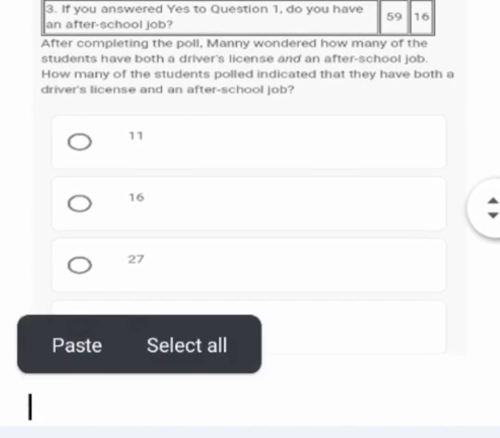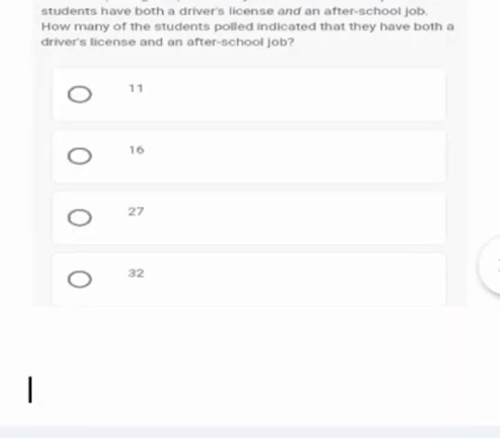So we are going to solve this using set notation.